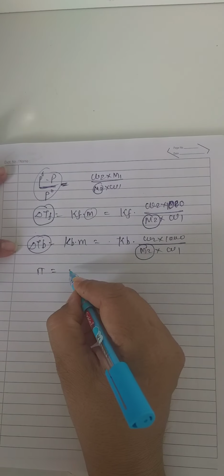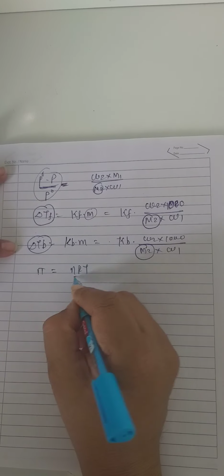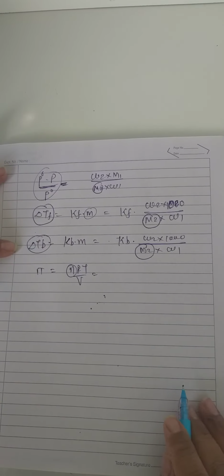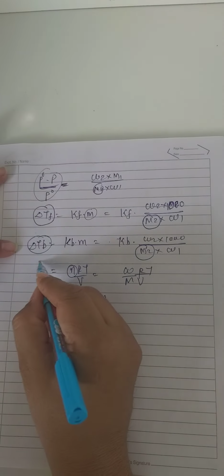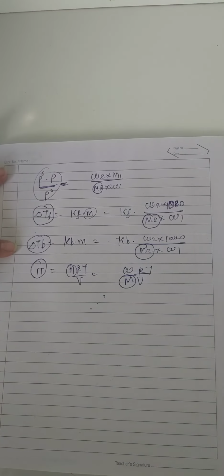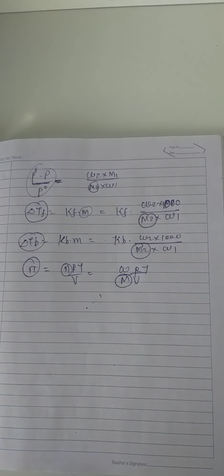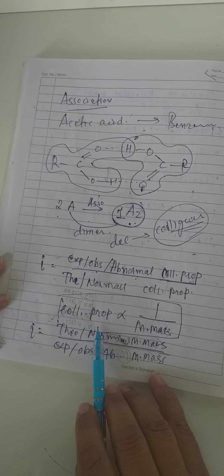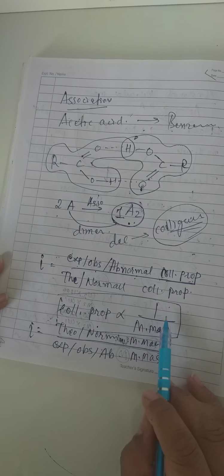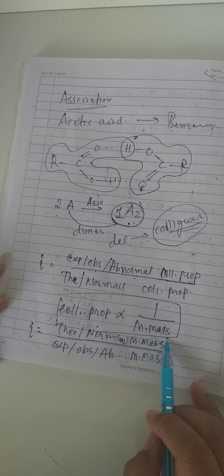Osmotic pressure pi is equal to nRT upon V. If we substitute n as W upon M, we get WRT upon MV. So here you can see osmotic pressure is inversely proportional to the molecular mass. So now we can say colligative property is inversely proportional to the molecular mass.